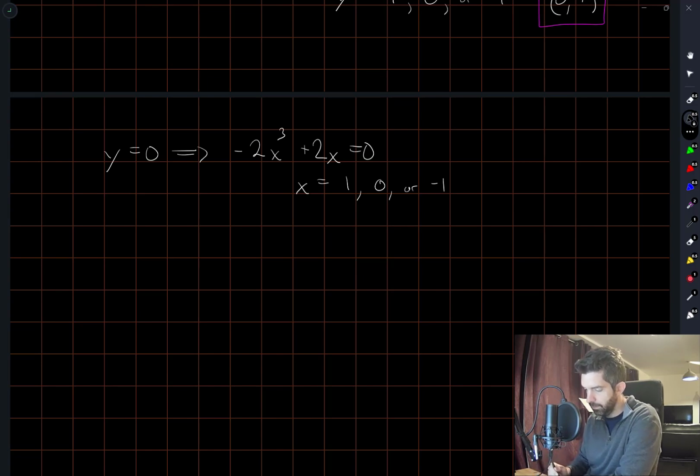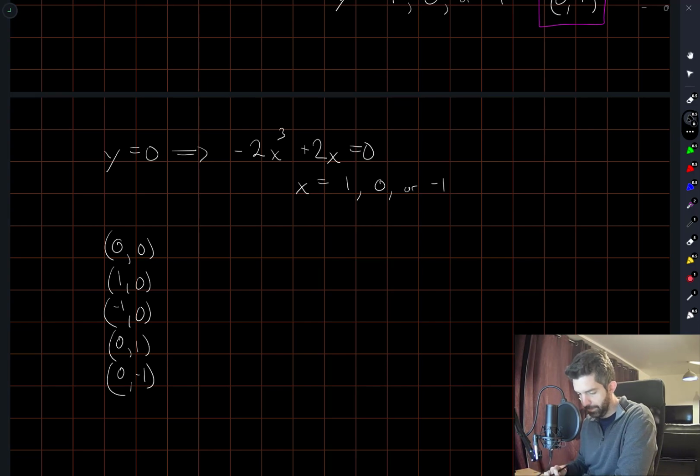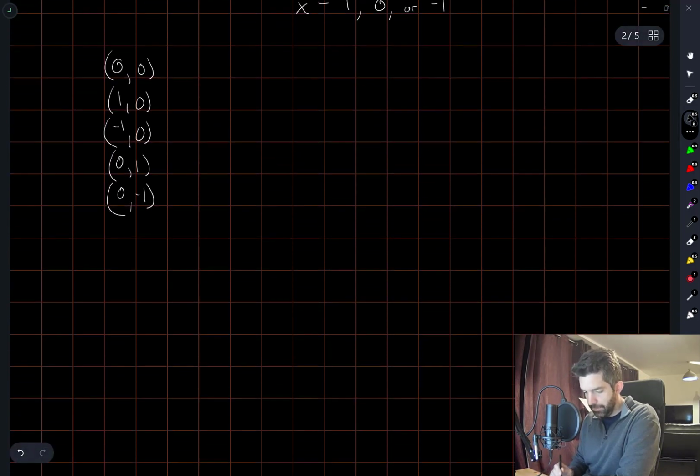Okay, so let's write out all candidate points that we have now. There we go. And I need to evaluate the function at all 5 of these points.